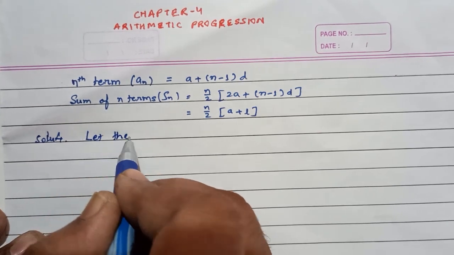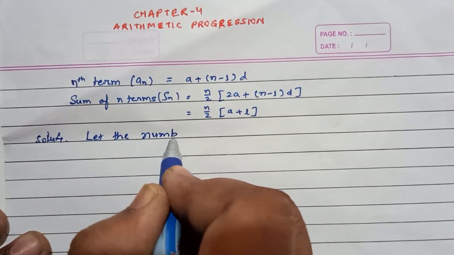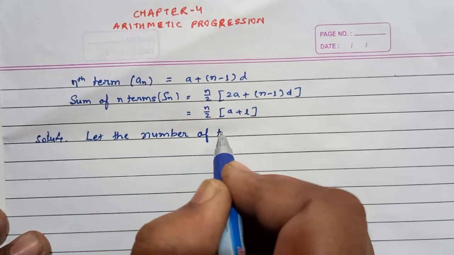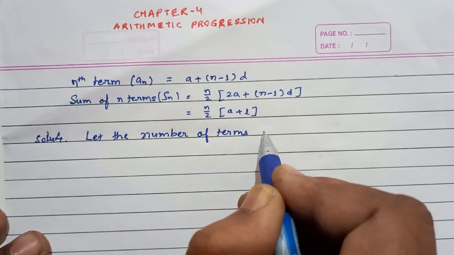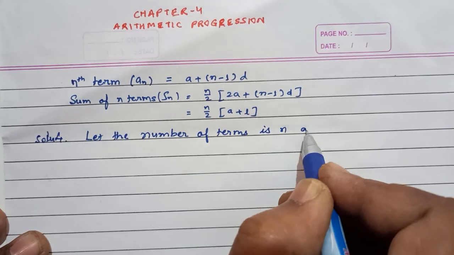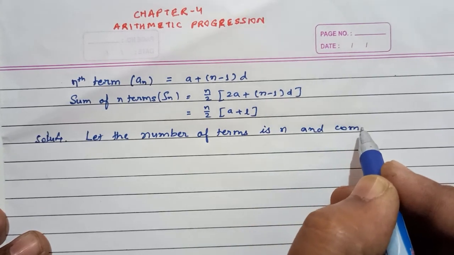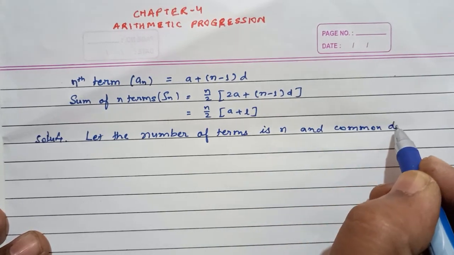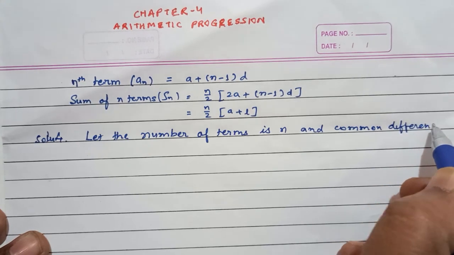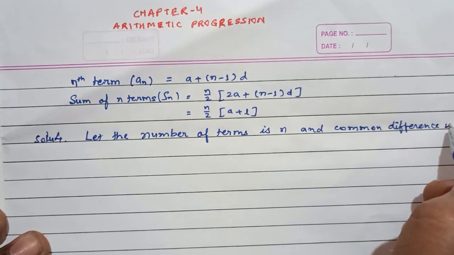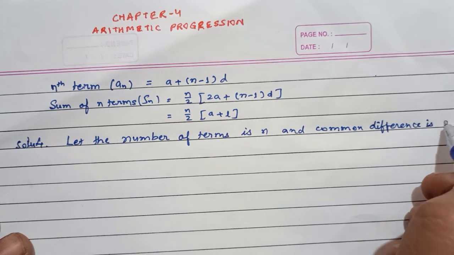Let the number of terms be n and the common difference be d.